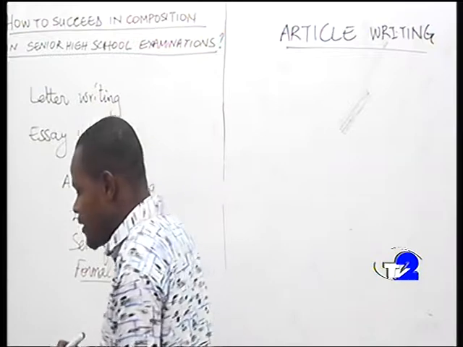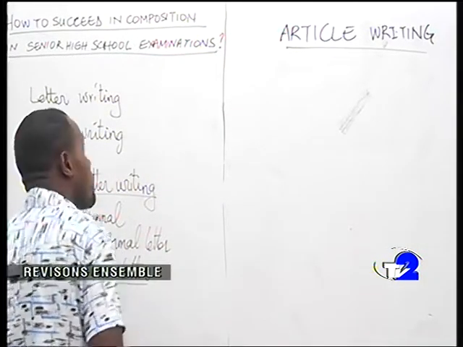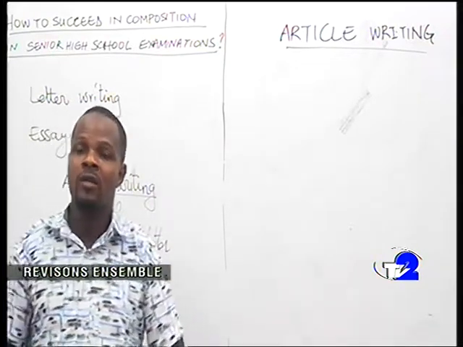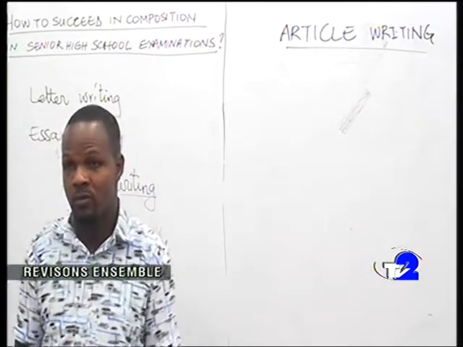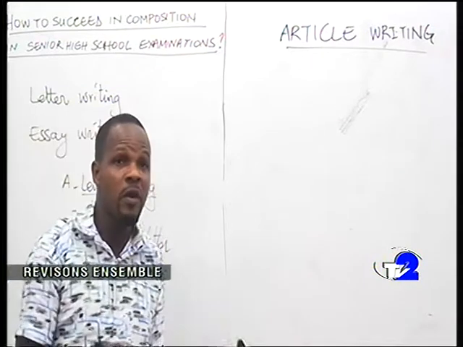An article: candidates are required to write an article for publication in a school magazine or in international or national newspapers. So when you are asked to write an article, how to proceed is very simple.